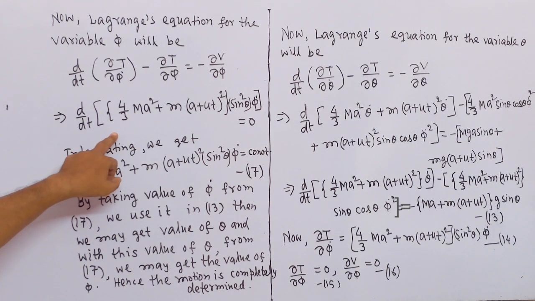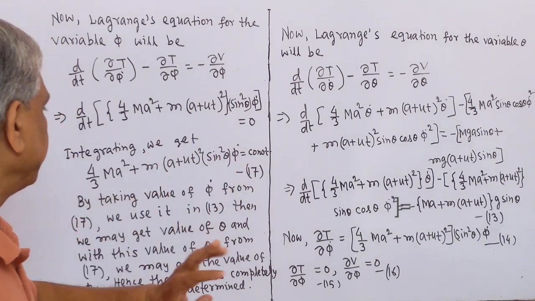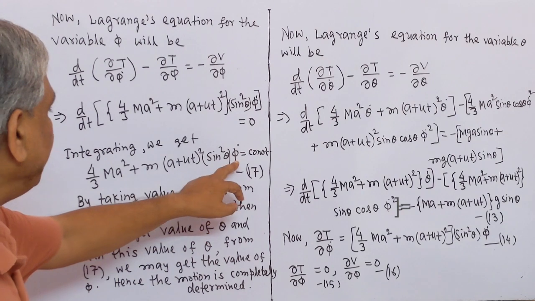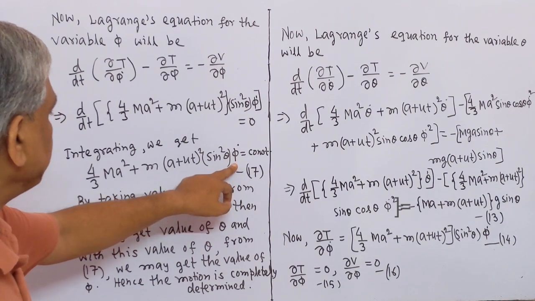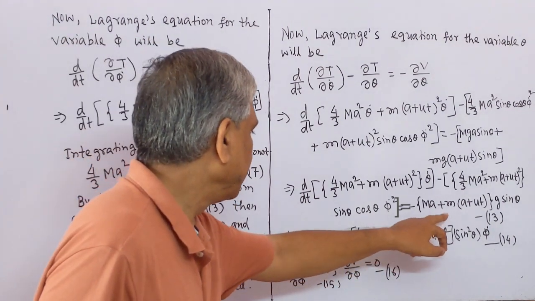Integrating this, we get this term equal to a constant. This is equation 17. By taking the value of phi dot from here, 17, we use this value in 13.